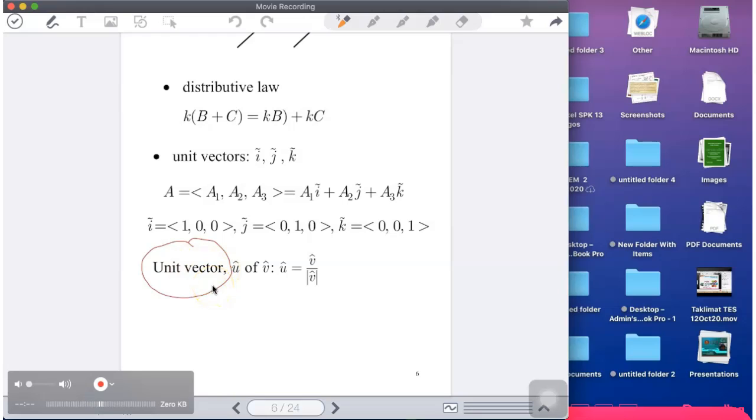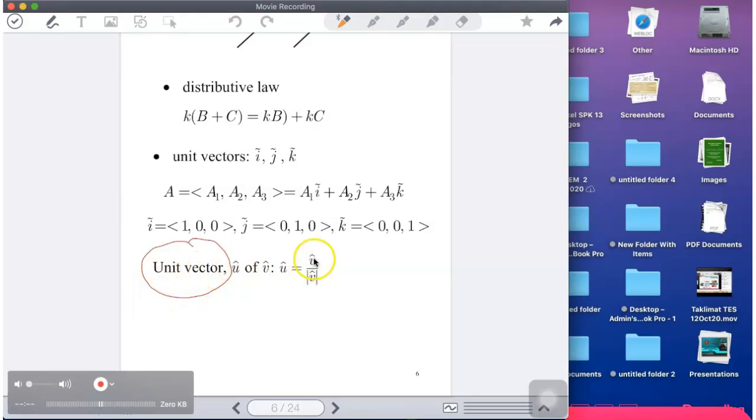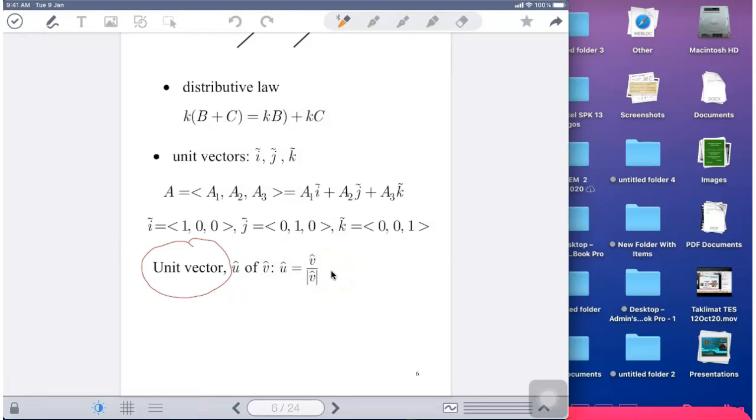Remember, every vector that we have must have a unit vector. How can you compute it? The vector itself is divided by its magnitude, where the magnitude of the unit vector is always equal to 1. That is a special property of the unit vector.